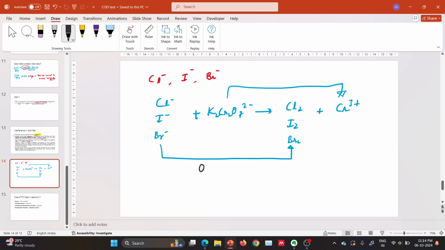So this is oxidation, this is reduction. So dichromate is getting consumed. This is consumption of dichromate solution because of chloride, iodide, and bromide ions.